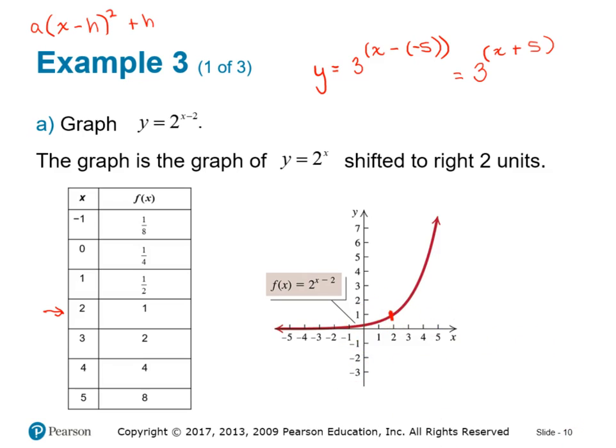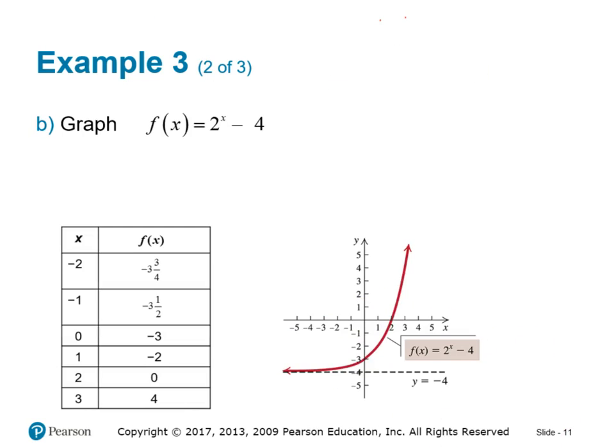Let's see here. Here we have, and again, this is really similar. We were just talking about it. The format is similar to our a times the quantity x minus h squared plus k. And in this case, this is going to behave similarly to the plus k here.